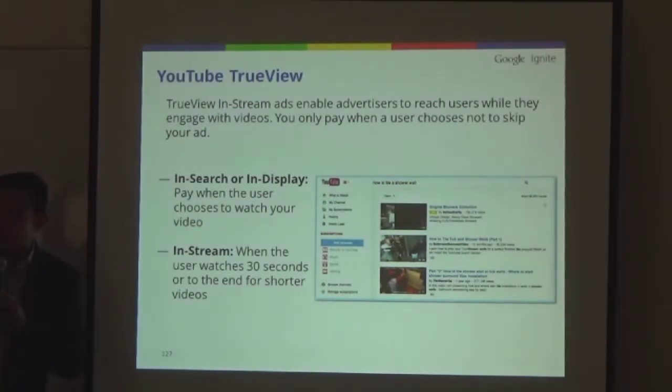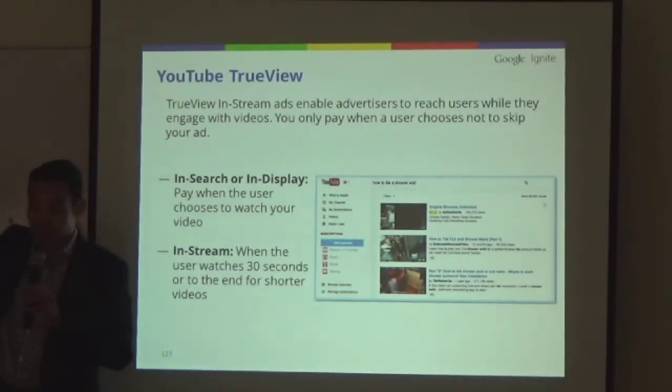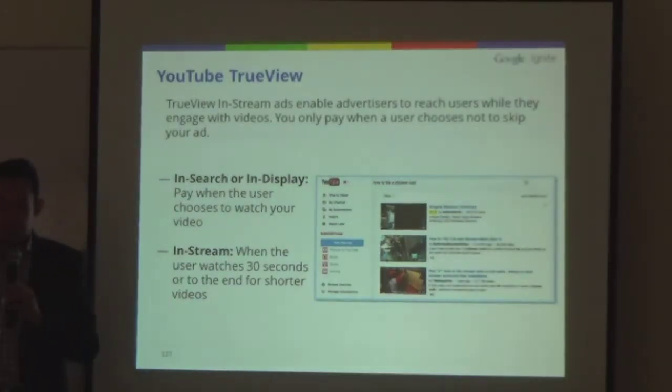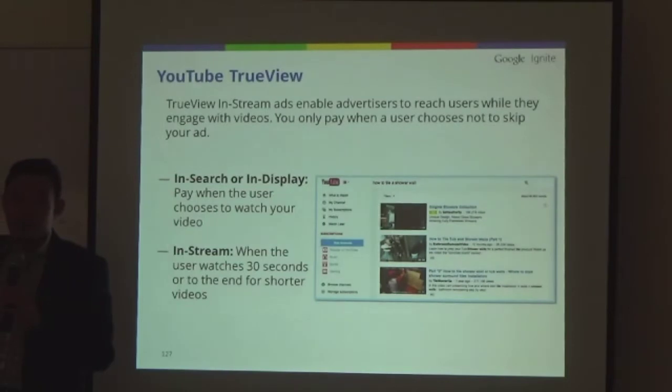So when an advertiser puts up the video on that results page on YouTube, that is called TrueView in-search. Are you following me? It's quite straightforward. The advertisers will only pay when someone chooses to watch your video. If they choose not to watch, they won't pay.